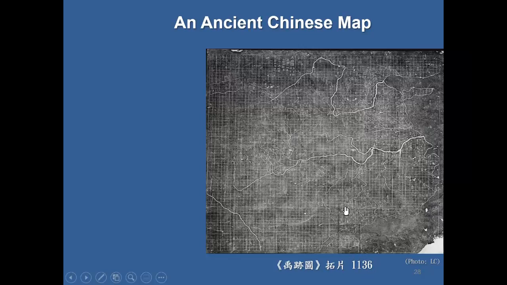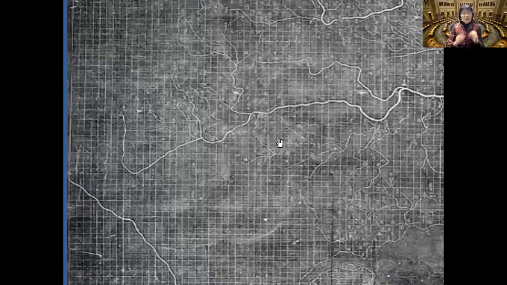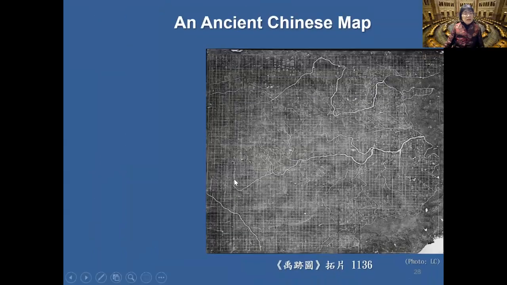It is divided into 500 little squares. Each square represents an area, and many of them even have the names of the area. And the most amazing thing is you can see there are 2 rivers. One is the Yellow River, one is the Yangtze River.